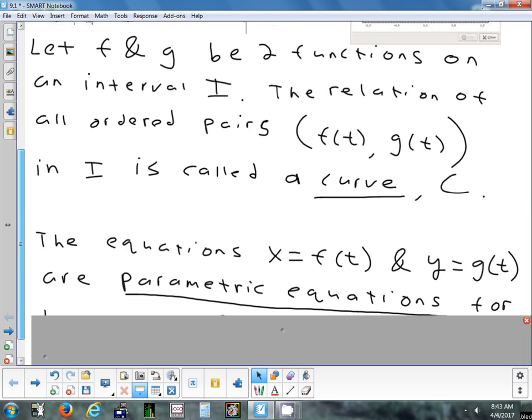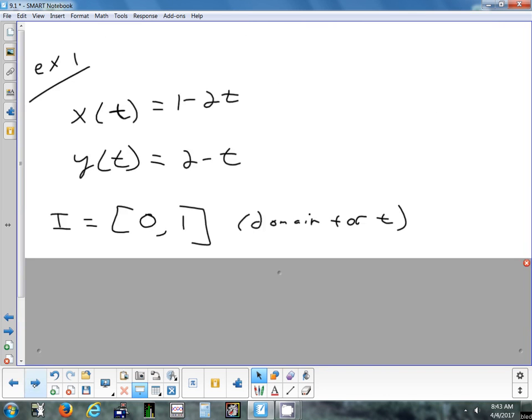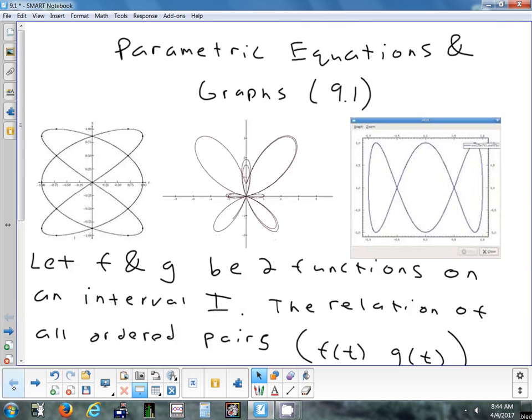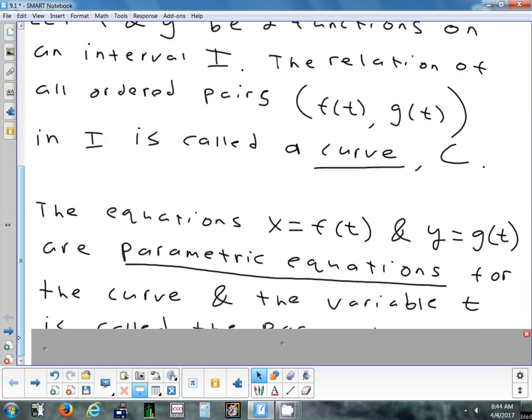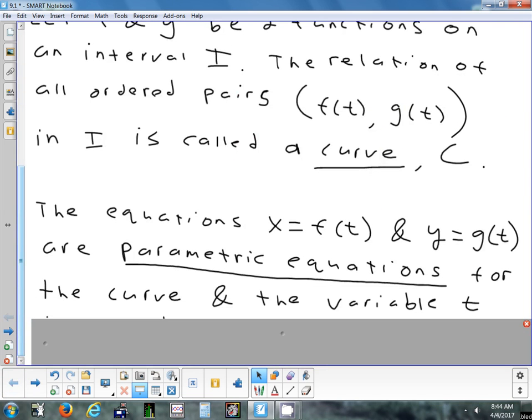The two equations that generate the curve, or that create your picture, are called parametric equations. If I go forward a couple slides again, that is a set of parametric equations: x equals 1 minus 2t, and then y equals 2 minus t. You need both of them in order to make the picture. And t is the letter we normally use when we do things parametrically. What letter do we use with functions a lot?